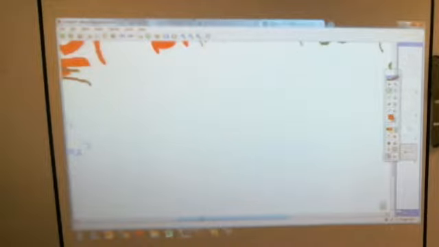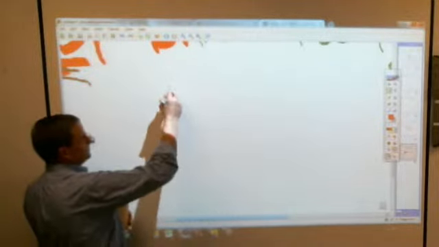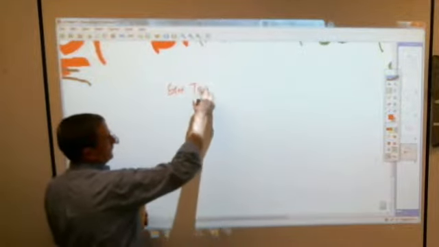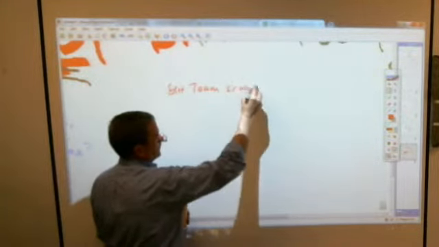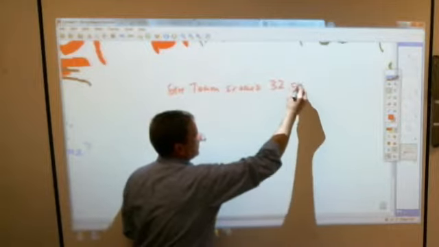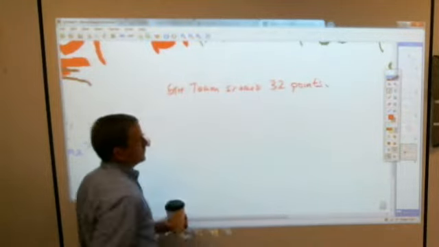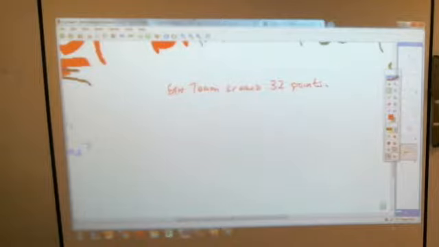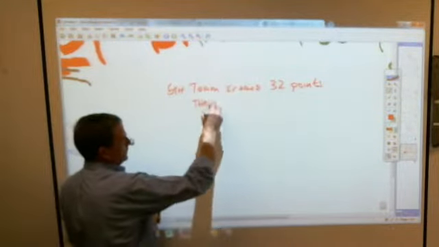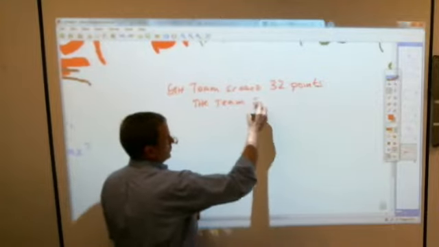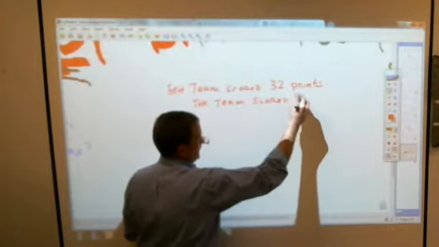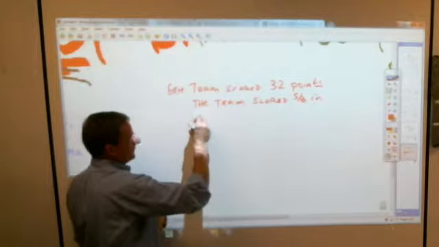One more, just so you know. Here we go. Oh, another basketball one. The 5th grade basketball team scored 32 points. Good statement there. The team scored 5/8 of those in the second half.